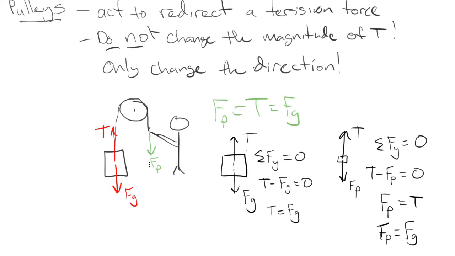All right, this is a more natural motion than this, so your muscles are better suited for this motion. So those are things that are more complicated than what we're trying to look at. But in this picture, if I just look at his hands and ignore gravity on his hands and all that sort of thing, that's what Newton's second law says. You only have to pull with the same amount of force as the object weighs. But you don't get any benefit from just having a single pulley.